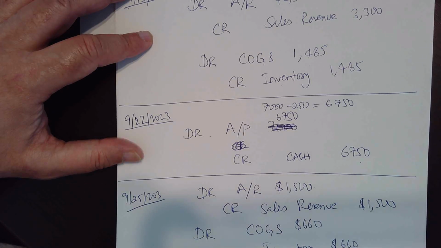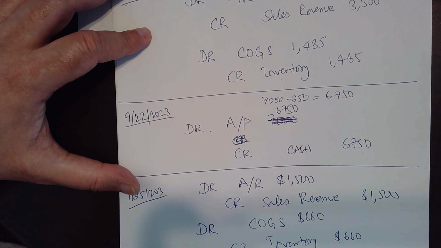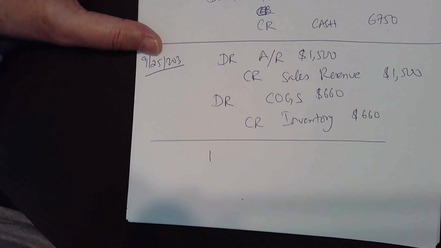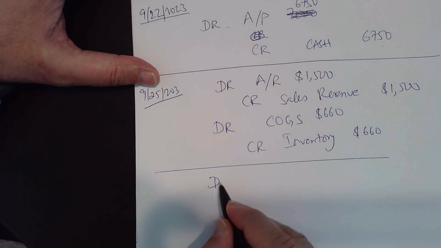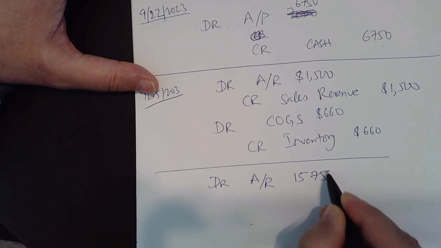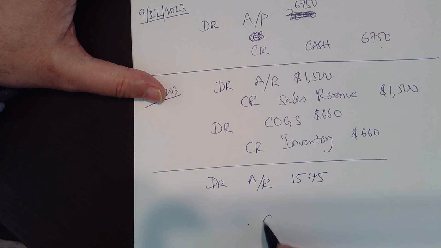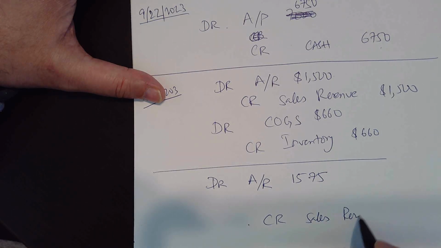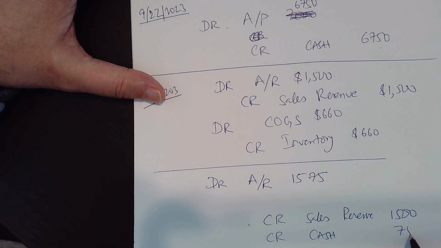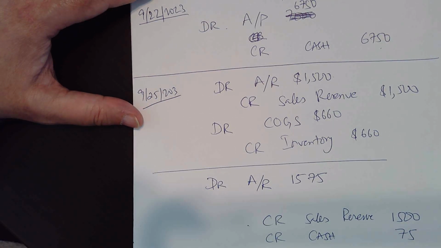So instead of $1,500, it will be $1,575. So I am going to rewrite the same thing over there. So it's a debit to accounts receivable for $1,575, and then we're going to credit sales revenue for $1,500, and then we're going to credit cash for $75 because we have already paid cash.